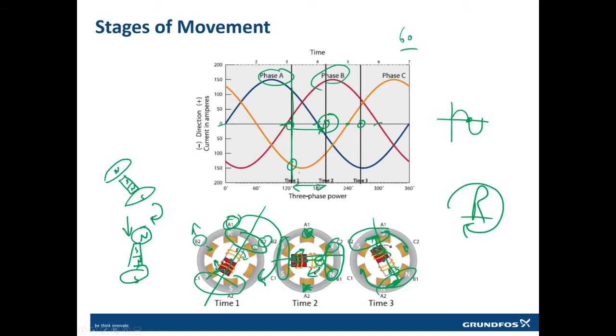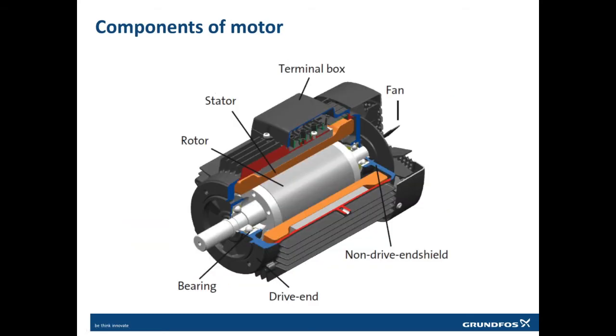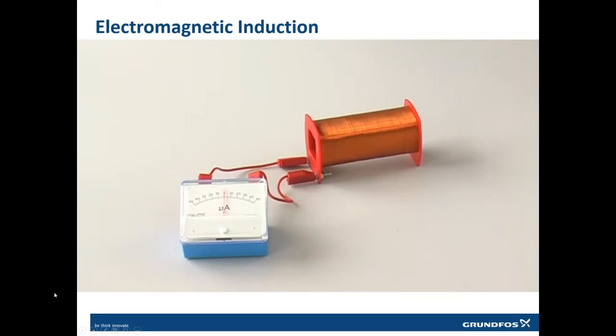Because once it becomes a magnet, then it will interact with the magnetic field, and then it will start becoming a motor or a rotor.